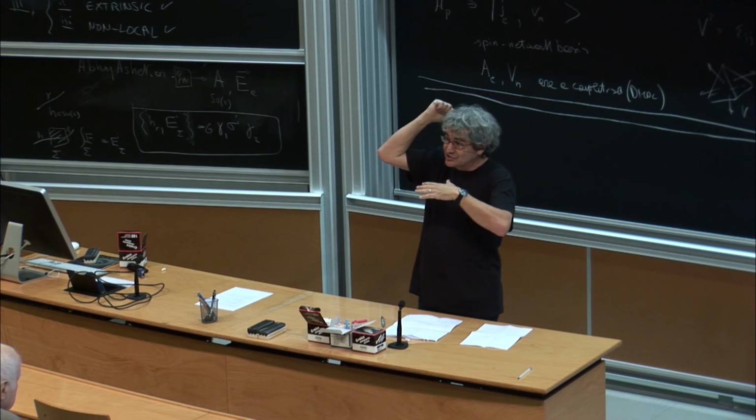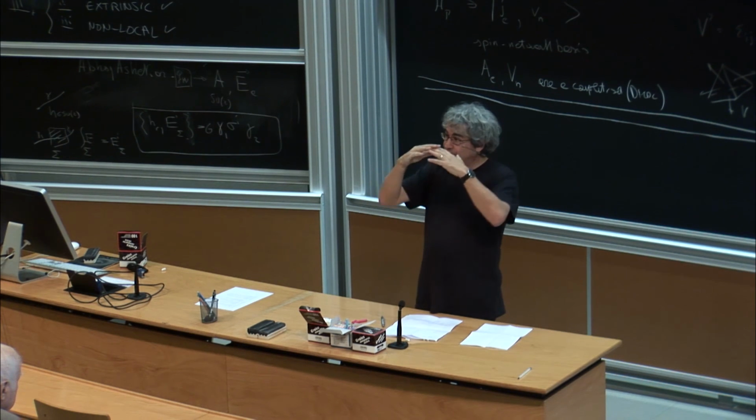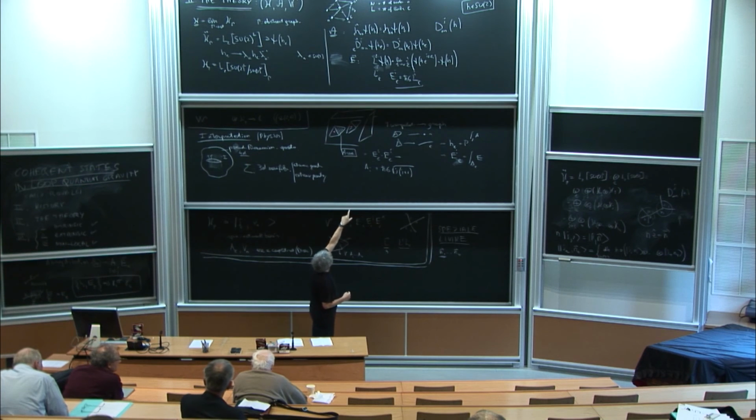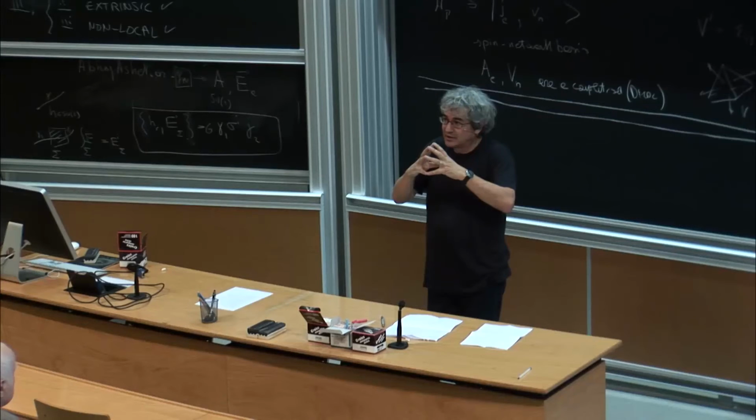But the extrinsic geometry, how these surfaces fold into phase space, is not in the E variables, it is in the group variables. So now I have to write states in which both the group variables and the intrinsic geometry variables are as sharp as possible.